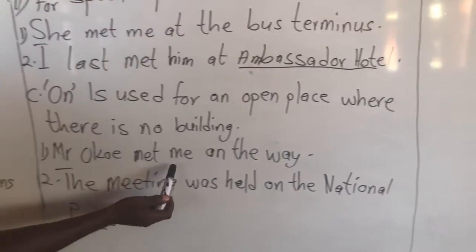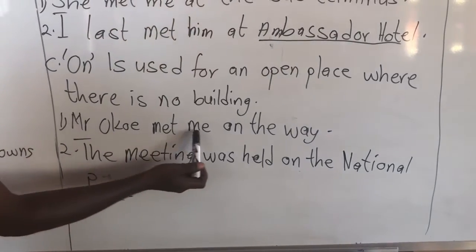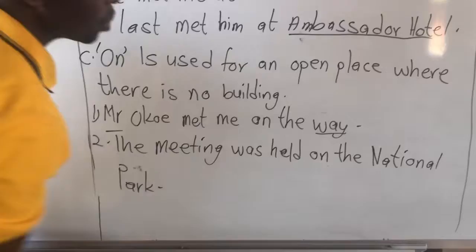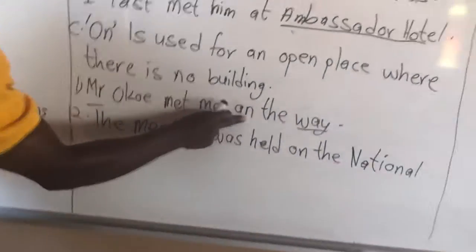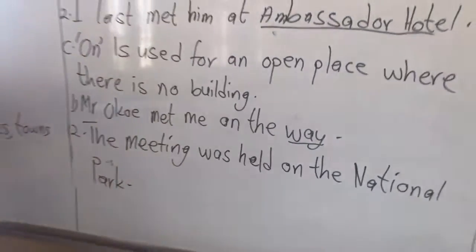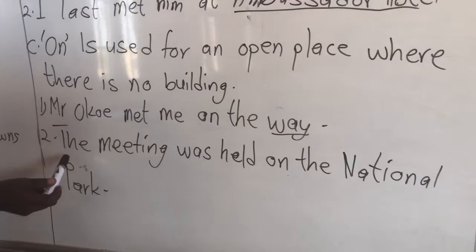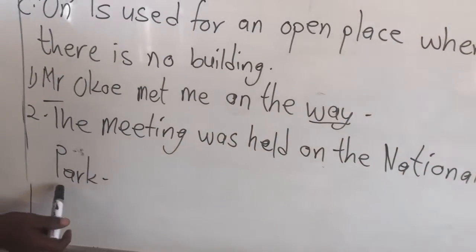Mr. Oko met me on the way. We have way here as what? An open place. So we use on for the way. Then we also have, the meeting was held on the national park.